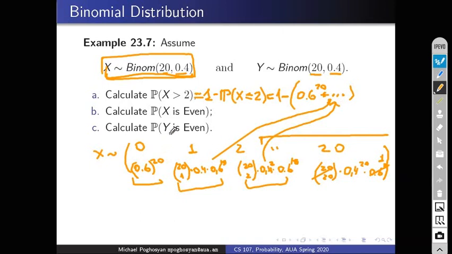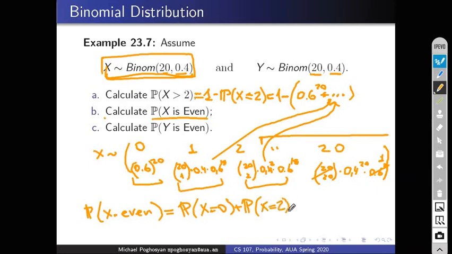Okay. So the next is to calculate the probability that x is even. So the probability that x is even is the same as the probability that x is 0 or x is 2 or so on, up to the probability that x is equal to 20.